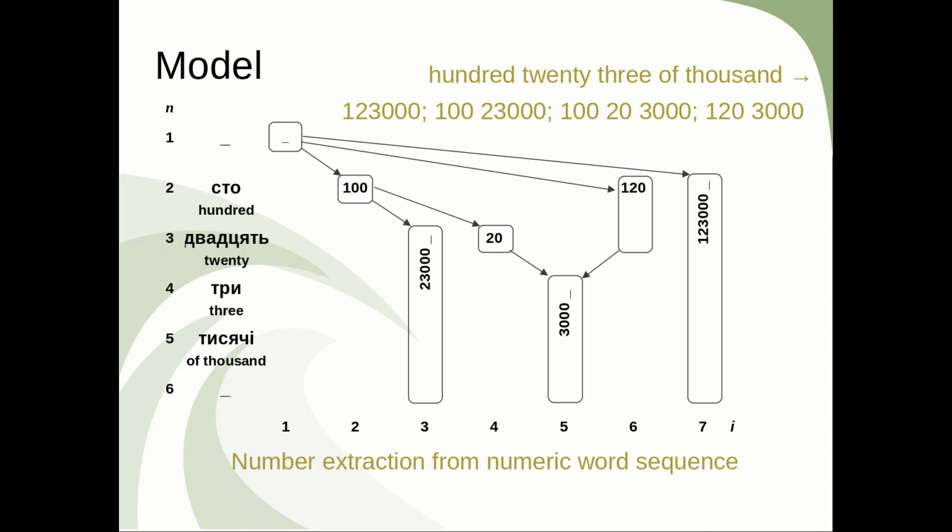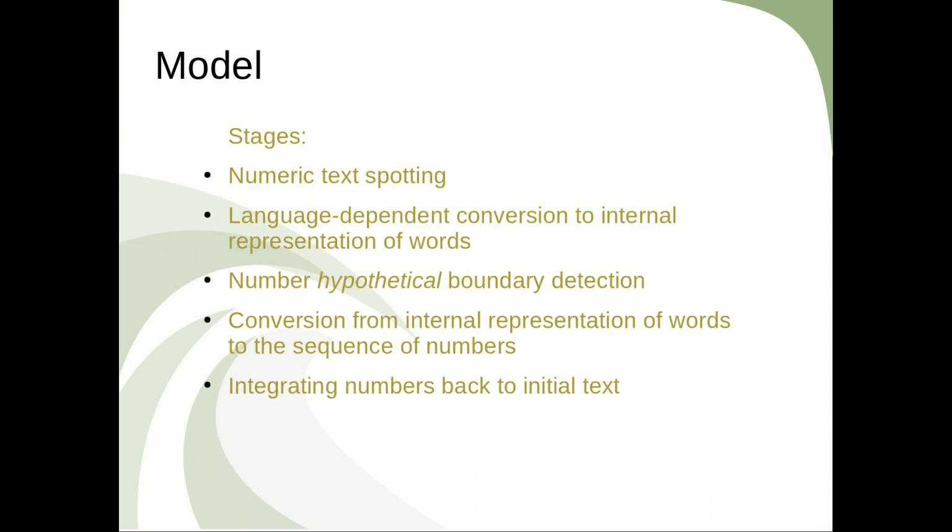How can we do this? Let's consider in detail. These are the stages that should be performed to complete the task. Firstly, we should spot the numeric text, and then we apply language-dependent conversion mapping to the internal representation of spotted word sequences.